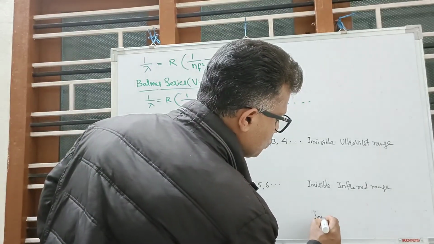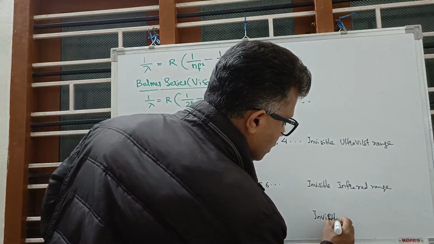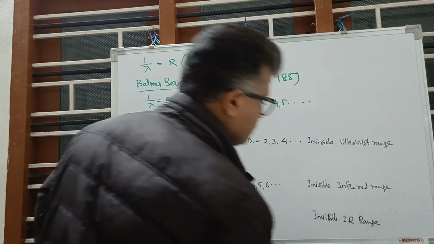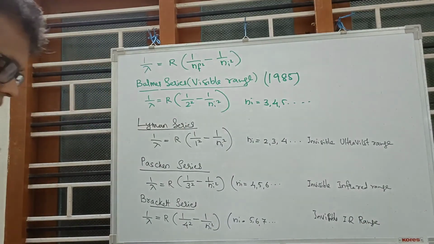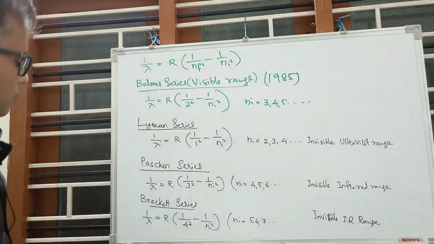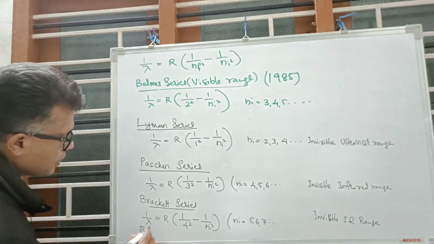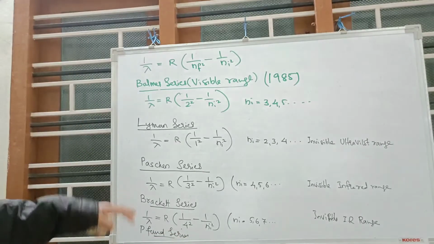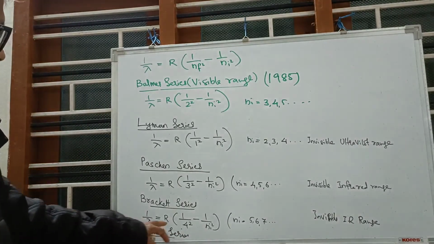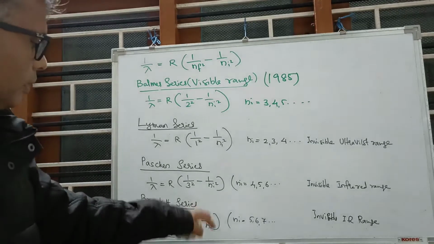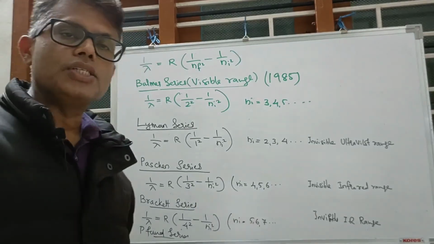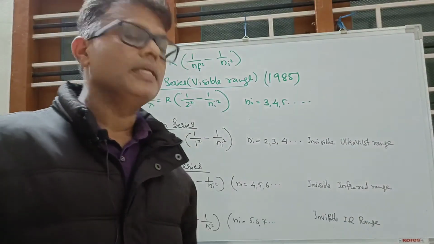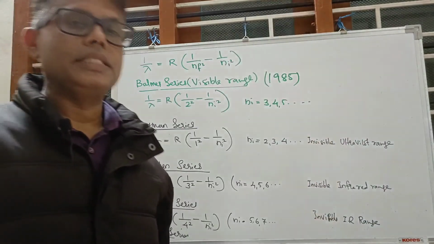No, it is again invisible, in the infrared range. Clear, no? Okay. Next one is the Pfund series. It is very simple. 1 by lambda is R into 1 by 5 squared minus 1 by ni squared, where ni is not 5, it is 6, 7, 8, 9. It is also invisible, in the infrared region.